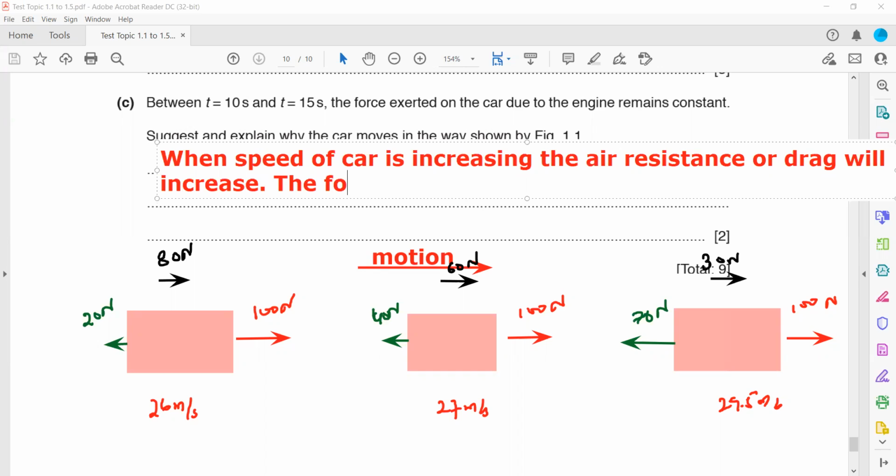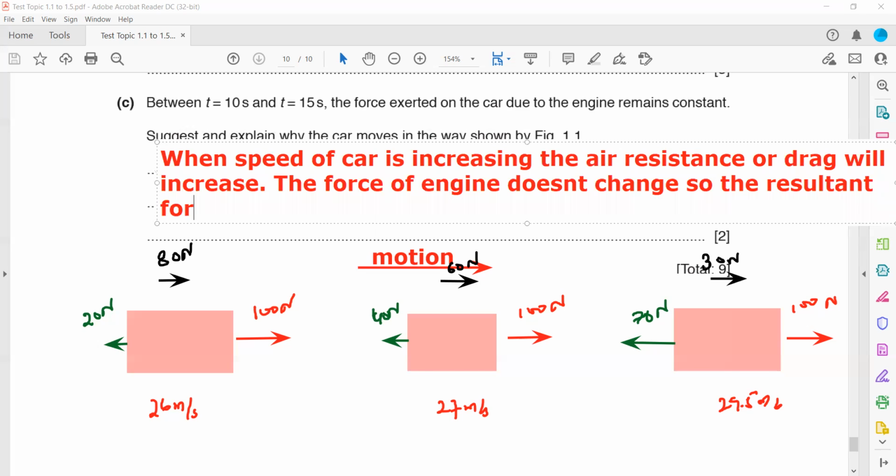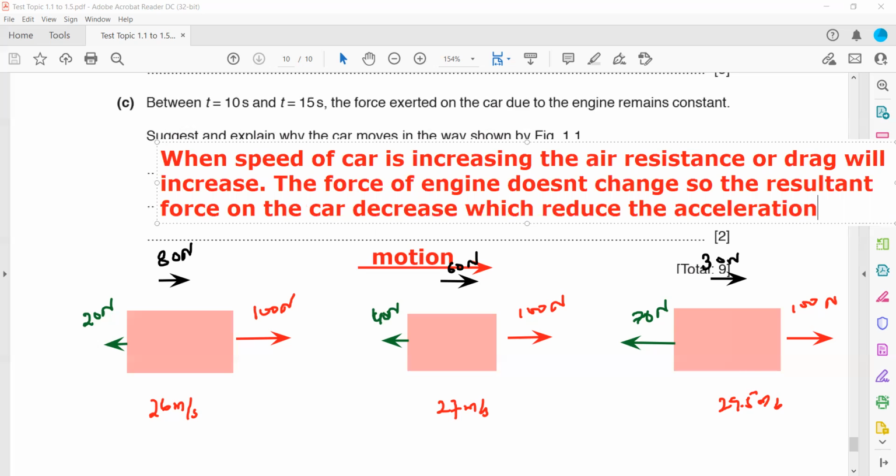The force of the engine does not change, so the resultant force on the car decreases, which reduces the acceleration. That's why the acceleration of the car is decreasing.